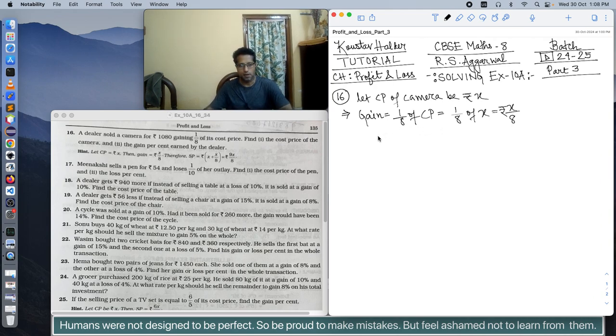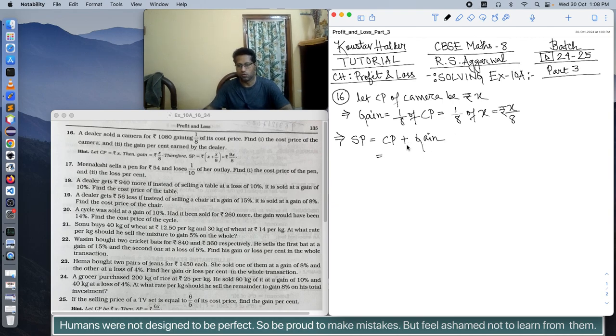It is also given that this gain was earned by selling the camera at a price of rupees 1080. If we know the cost price and the gain, we can say that selling price will be equal to cost price plus gain.